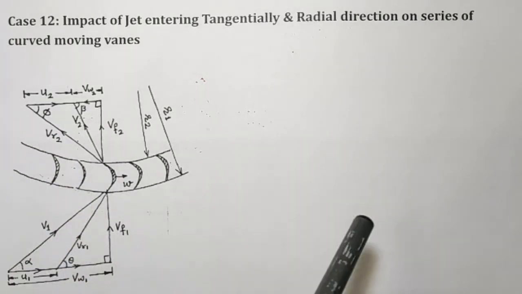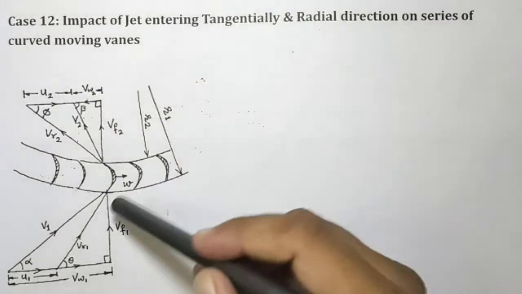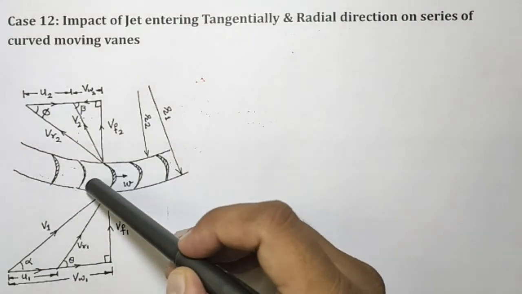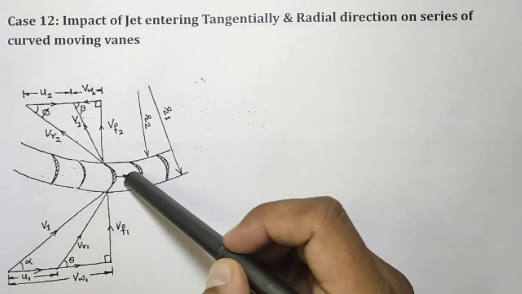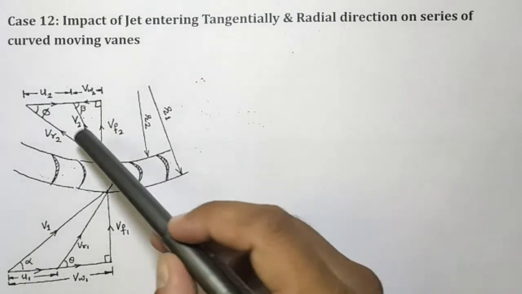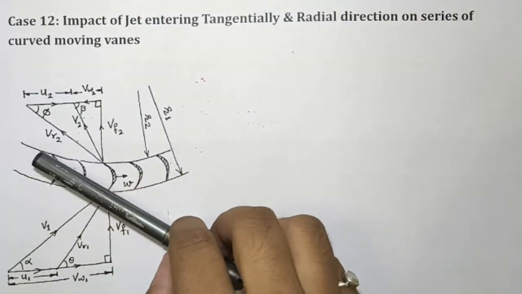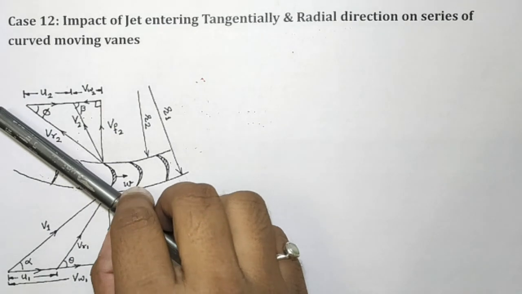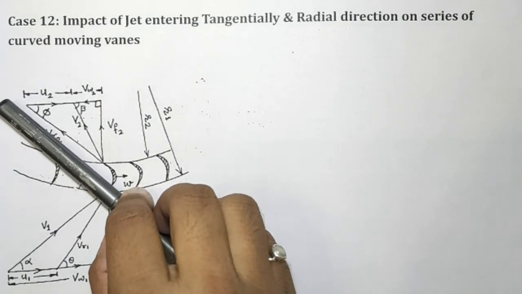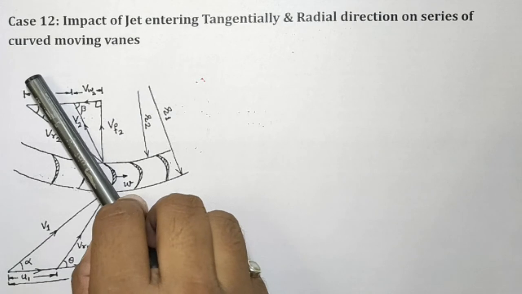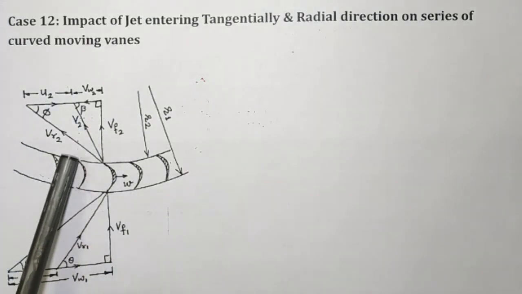These are the conventions we have decided. The vane is moving with velocity u, so instead of exiting with Vr2, the water jet in actual practice will exit with v2.